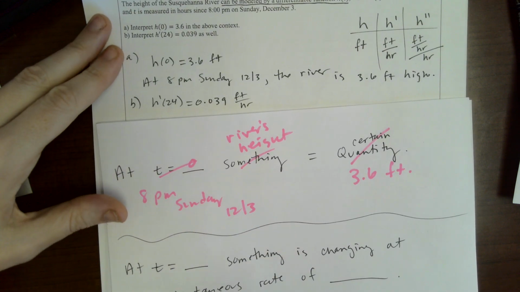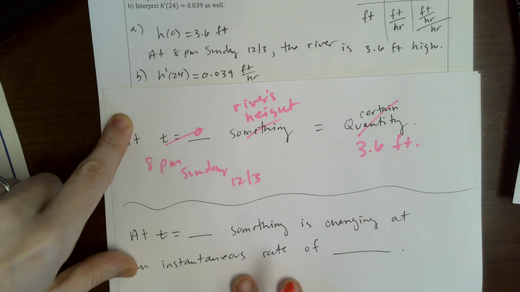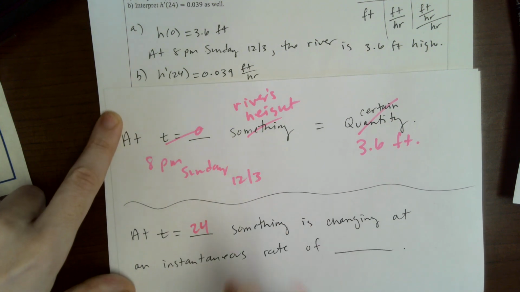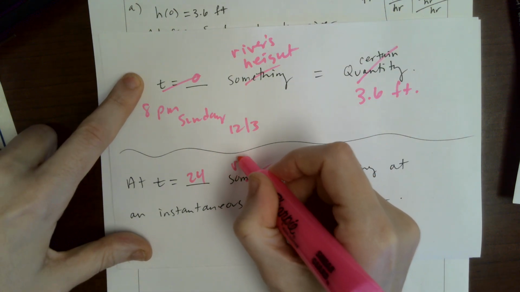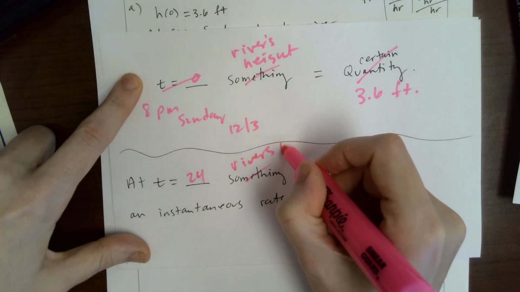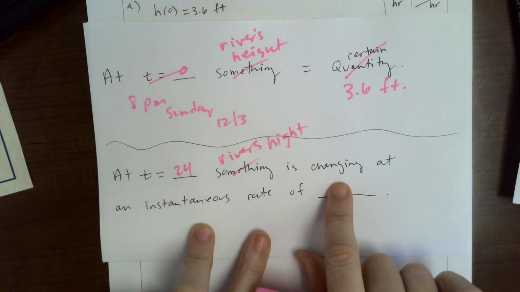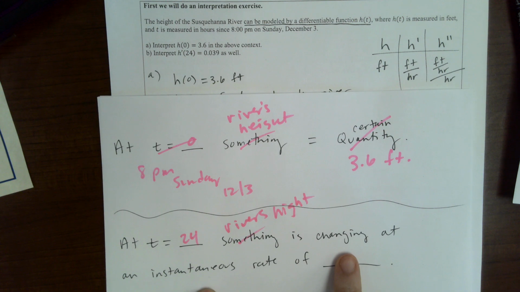And if you feel like it'd be helpful to write that in your notes, you definitely should. So h prime of 24. So at t equals 24, something is changing. So the river's height is, okay, now the changing part, guys, you have to figure out if it's increasing or decreasing.